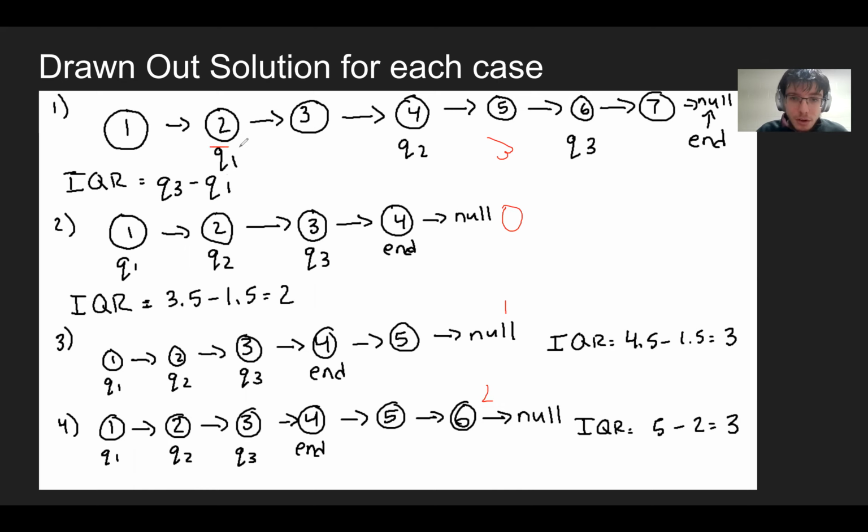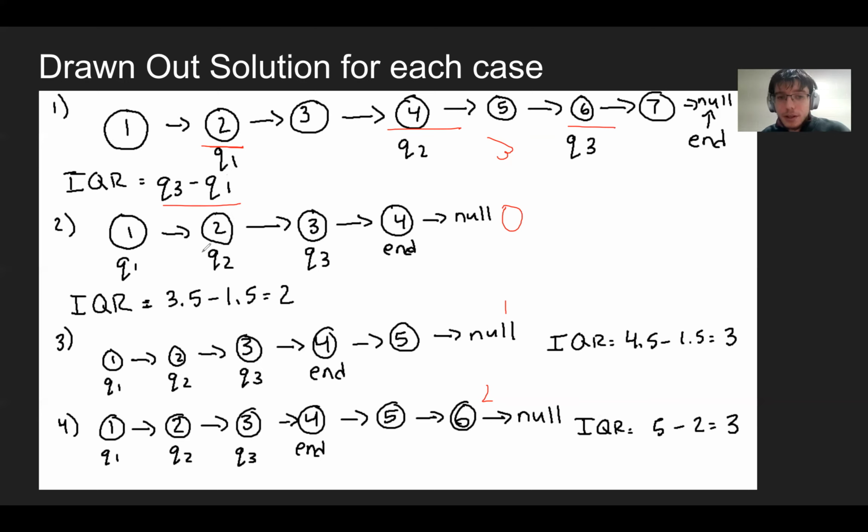We just take Q1 here and Q3 here, and just Q3 minus Q1. We don't have to do any extra work because there's only one median for each of the halves of the list. The list is exactly halfway, and then we get this one and this one, and there's nothing else we need to do. So we can just return Q3 minus Q1.